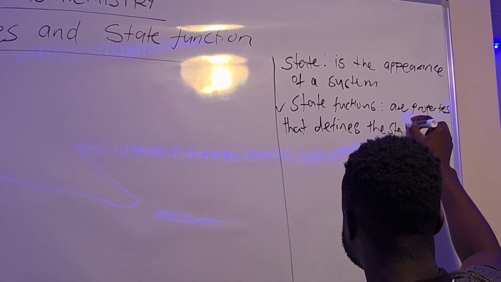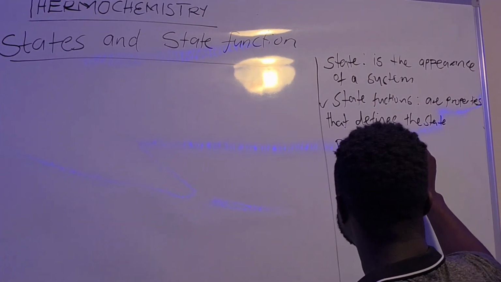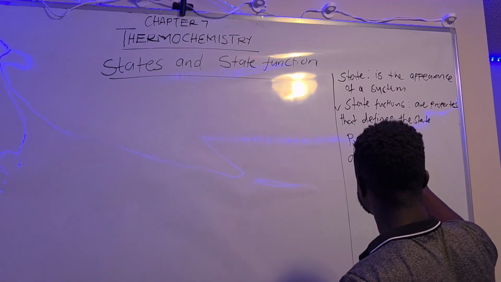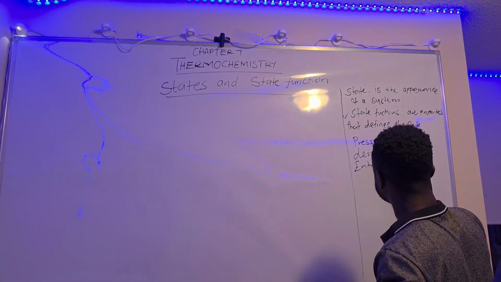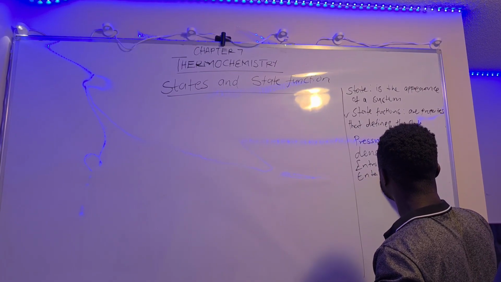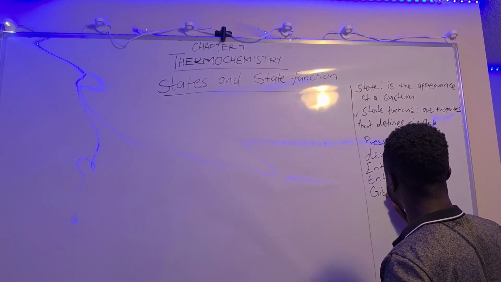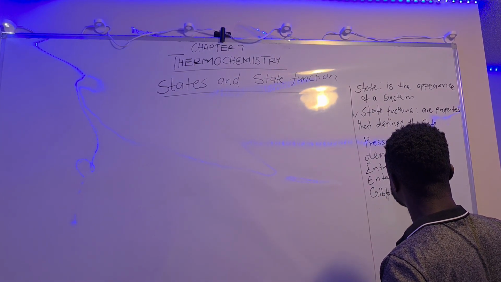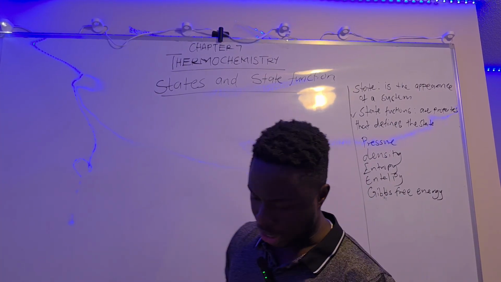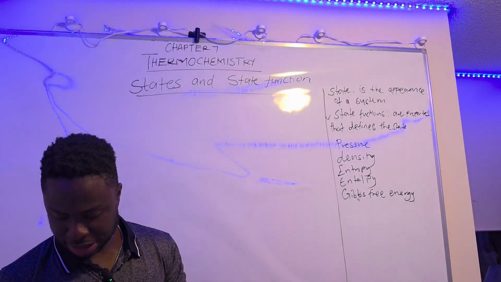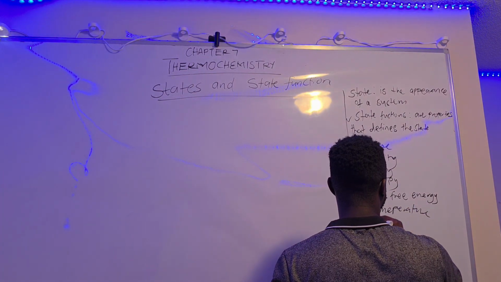Now these properties include pressure, density, entropy, enthalpy, Gibbs free energy, and then the temperature and the volume.